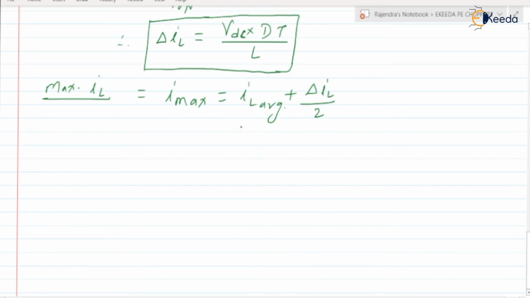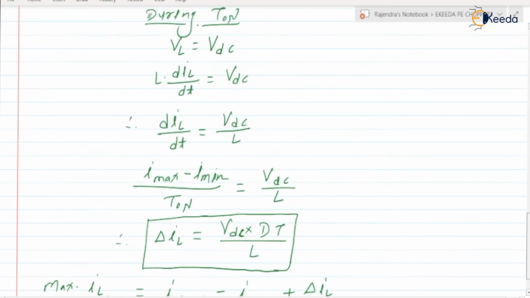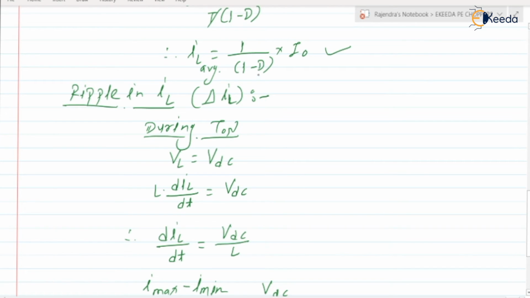So here we can write what the IL average is. IL average is equal to I0 upon 1 minus d.